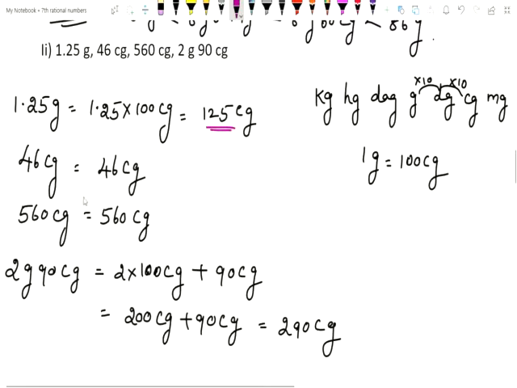Now compare the numbers: 125 centigram, 46 centigram, 560 centigram, 290 centigram. In this, which is the smallest one? 46 centigram. Next smaller, 125 centigram.